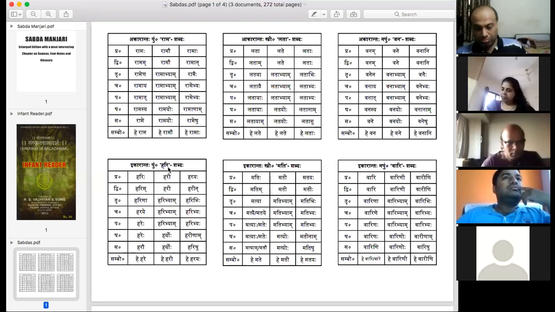That is the very unique and very, very important distinguishing feature of Sanskrit. So any word you take, you can keep on breaking it down. In fact, that is how we understand the language.